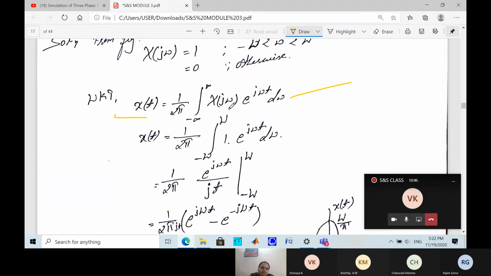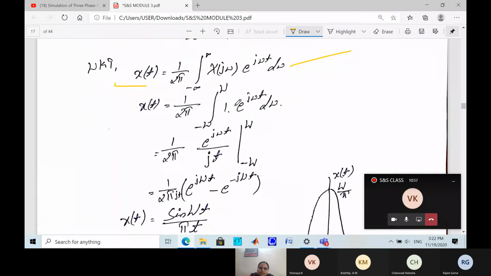Next, just substitute x of j omega as 1 and the remaining as it is, e raised to j omega t into d omega. Next integrate this. As usual, you will be getting 1 divided by 2 pi, and the integration of e raised to x is e raised to x only.